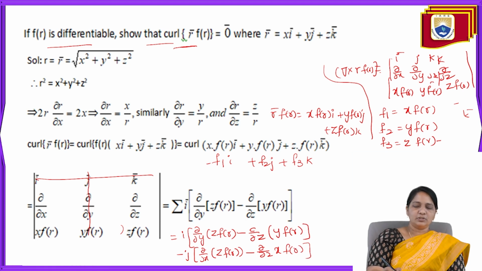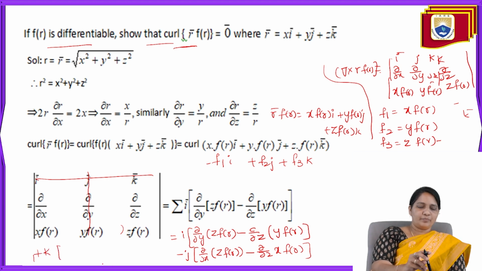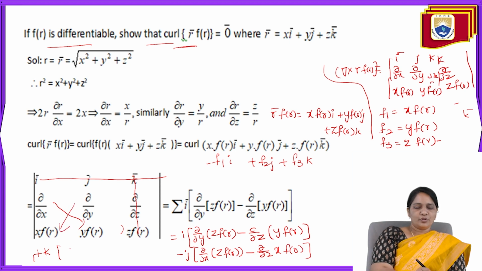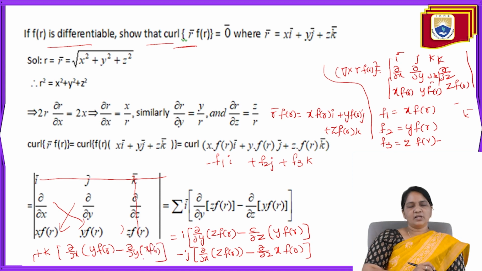Next, coming to the third, that is k. So plus k into, when I do here for the k, we do the cross product for these two terms: dou by dou x of y f of r minus dou by dou y of x f of r.